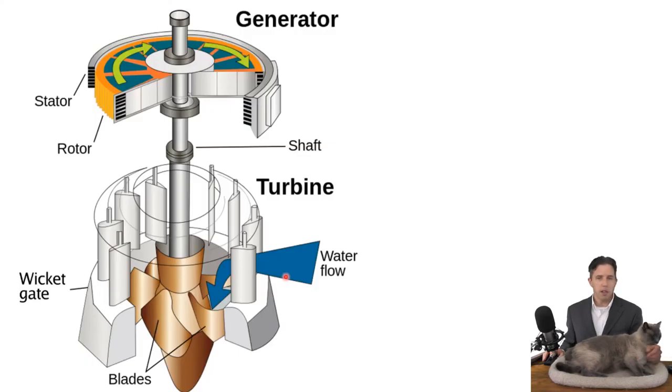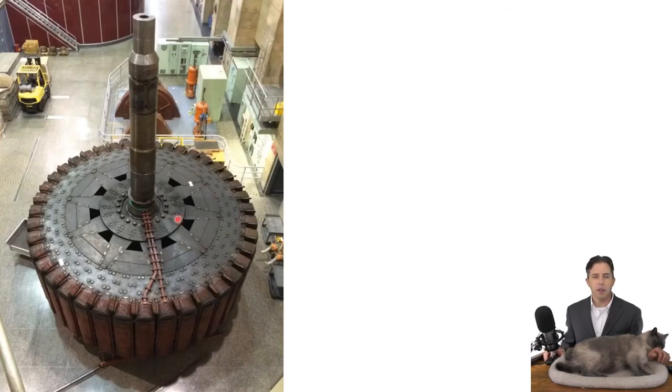And the turbines themselves, they don't look like the steam turbines in this case. They look like giant boat propellers or something like that. But the water goes through and turns this shaft, which turns this big generator, which in itself has magnetic fields in it that rotate. And this is what one of the generators looks like, taken out of its housing.